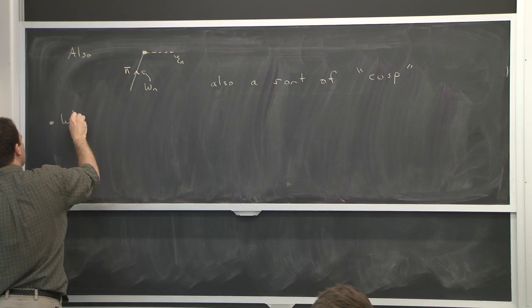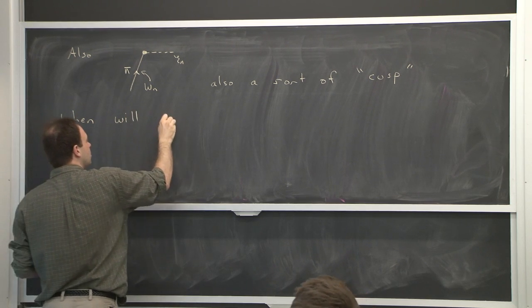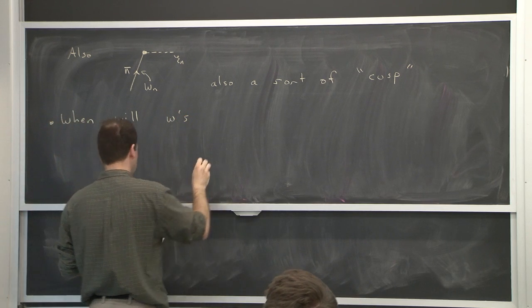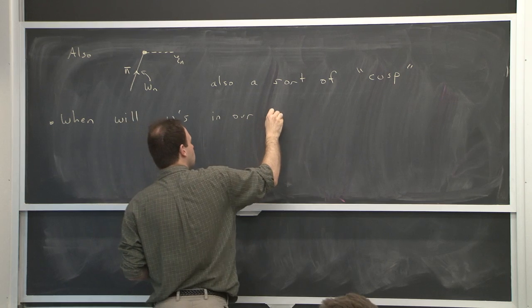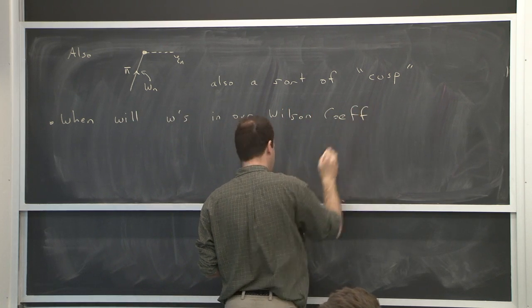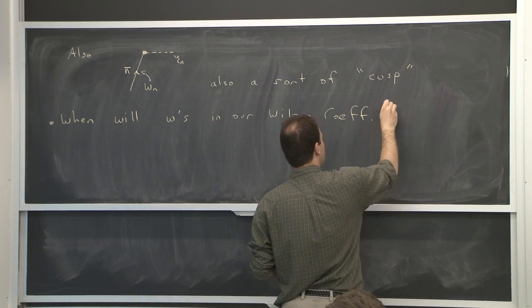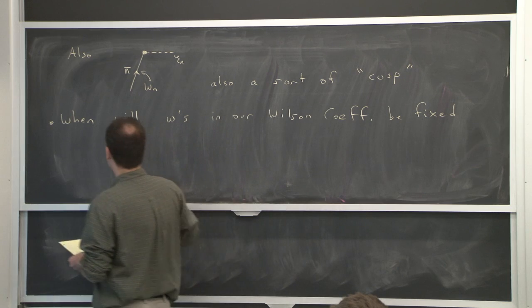And so we could ask the question, in general, when will that happen? So when will the W's that are showing up in our Wilson coefficients be fixed by external kinematics?